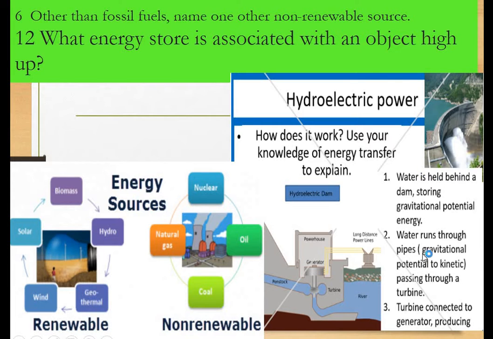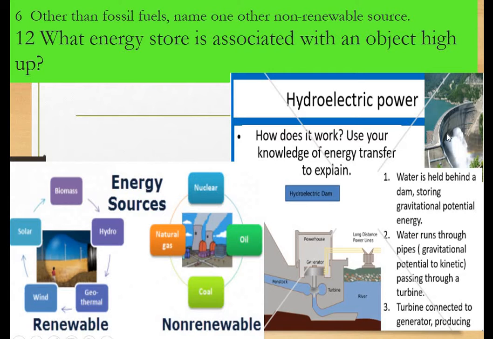Right, one of your questions you were asked, what energy is associated with an object that is high up? So we're looking here at an example of a dam. We've got water up here stored in the dam. When the dam walls open, or the doors, you can think of it as that, the water that is high up has gravitational potential energy, and that was your question.